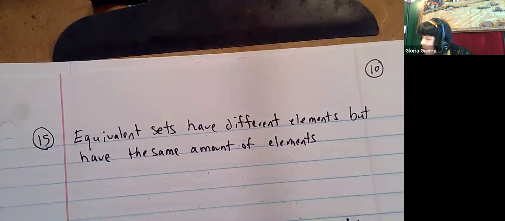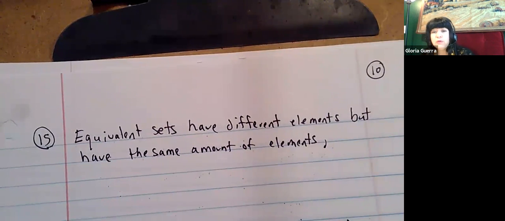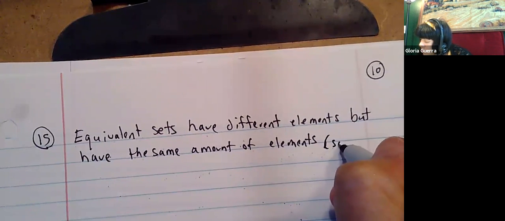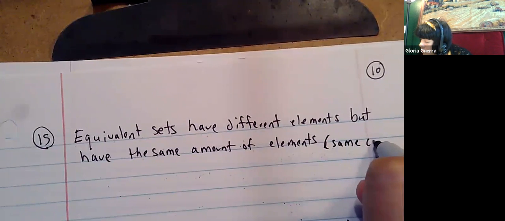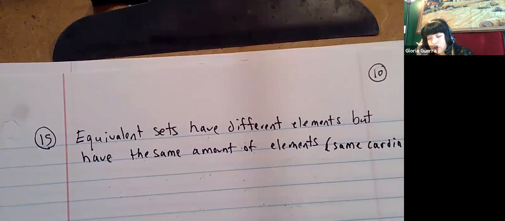They have the same cardinality. They have the same amount of elements, which, you know, amount of elements has to do with cardinality. So in other words, the same cardinality.